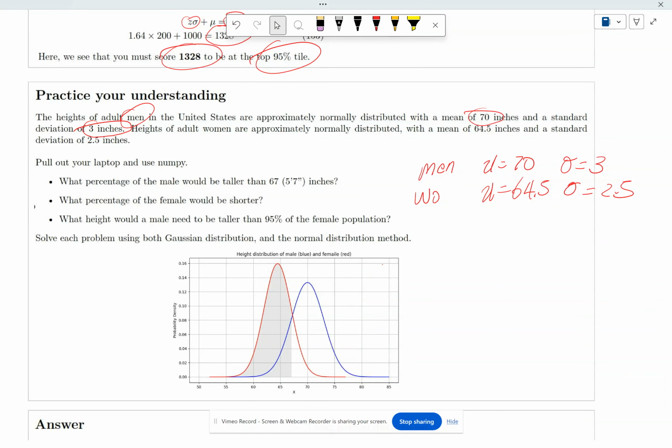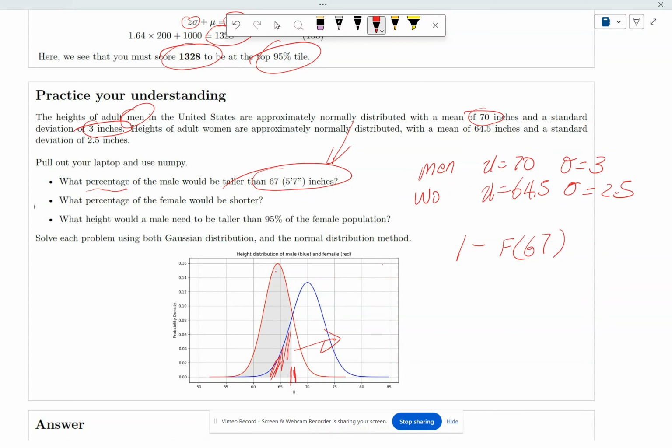Now you want to pause the video and pull out your laptop and see if you can calculate the percentage of males that are taller than 67 inches. So that would be whatever the CDF is at 67, and 1 minus that, right? For 67 inches, the CDF will give you this area, and you want the opposite.